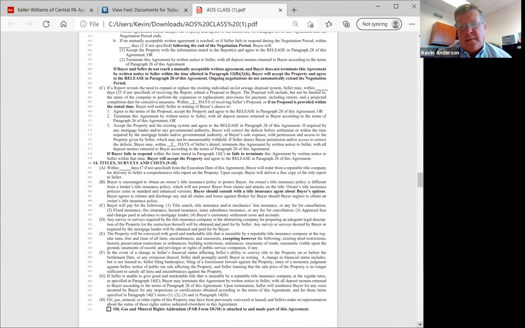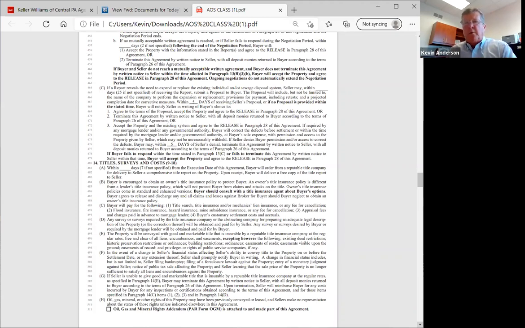But paragraph C, a lot of the rest of this contract goes faster, but if the report reveals the need to expand or replace an existing on-lot sewage disposal system, the seller may within, again, 25 days is pre-done for you. Seller, within 25 days of receiving the report, will submit a proposal to the buyer. That's not a lot of time either, but it has to get done.